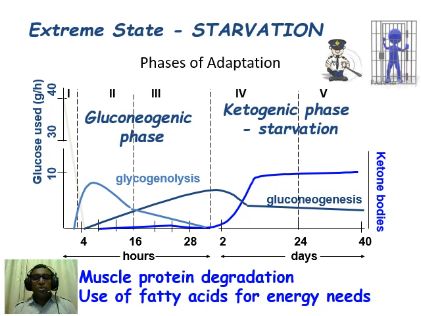But beyond 40 days, using glucose from gluconeogenesis and also fatty acid and ketone bodies, if still no food is provided to the person, that's where the body starts to use the muscle protein, and muscle wasting takes place, where muscle protein converted to amino acid through gluconeogenesis can sustain glucose.